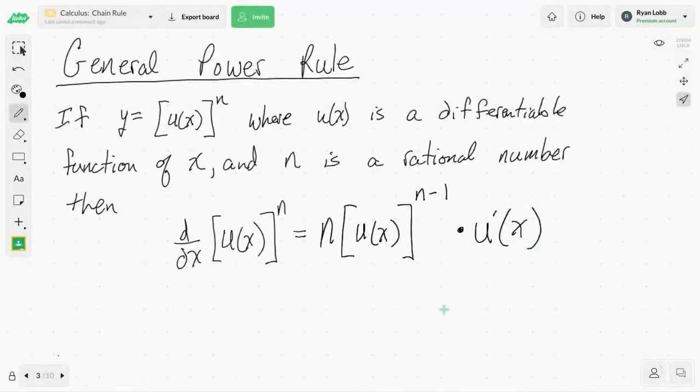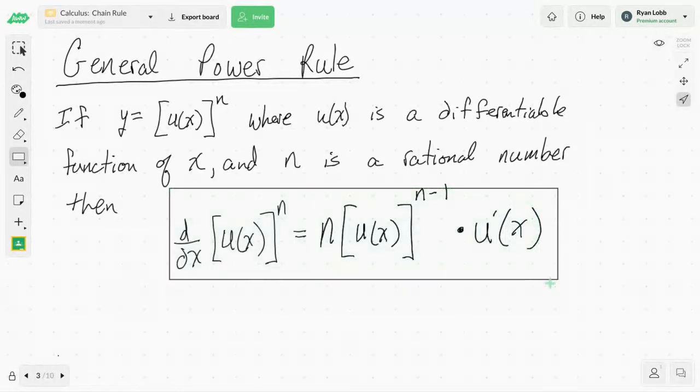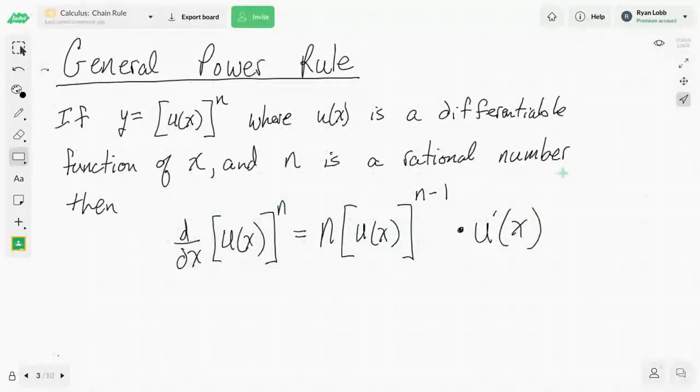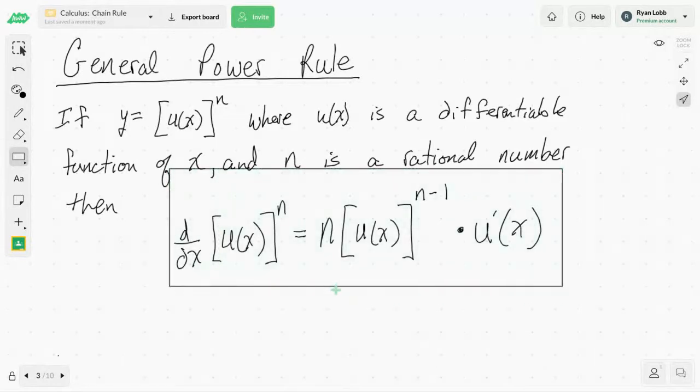So that is the general power rule. It says we just take the derivative of the outer function, n quantity to the n minus 1, keep that quantity the same, and then times the derivative of that inner function. We're going to be using this one quite a bit.